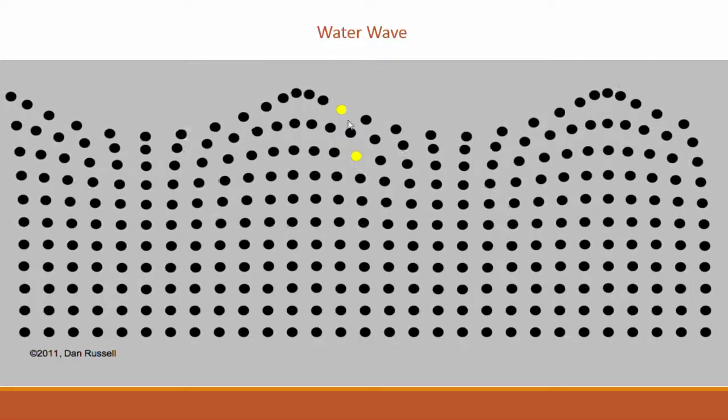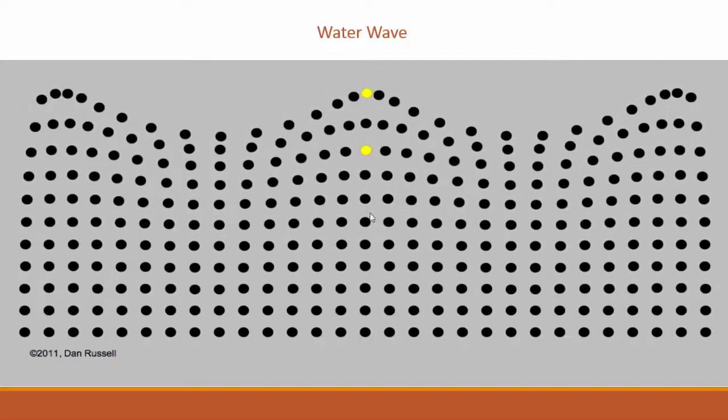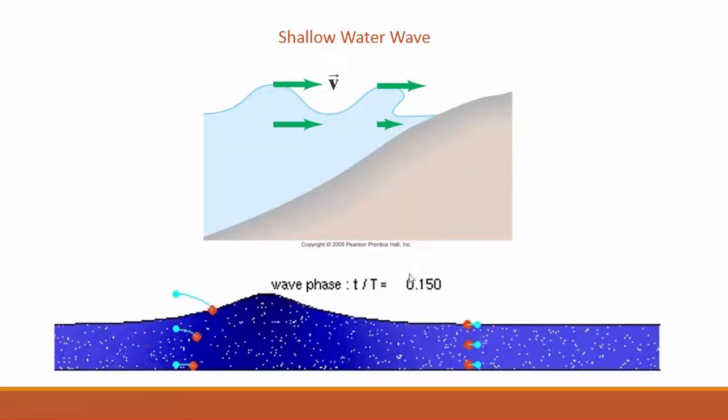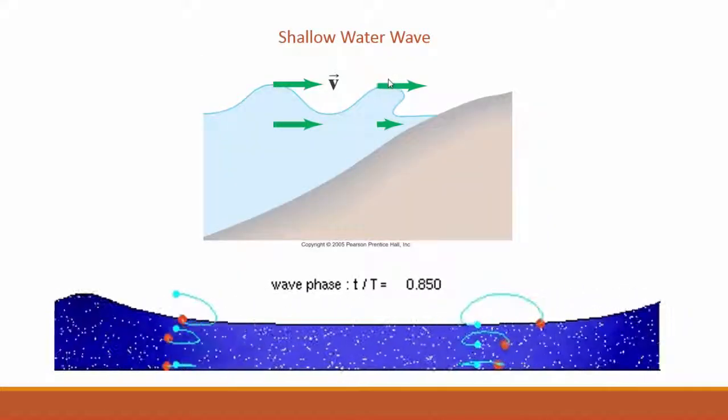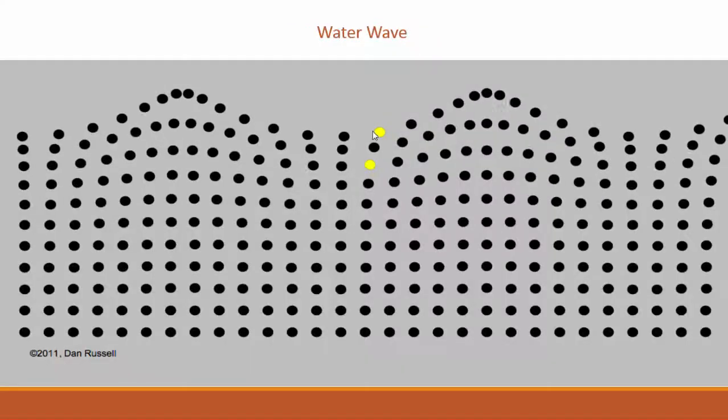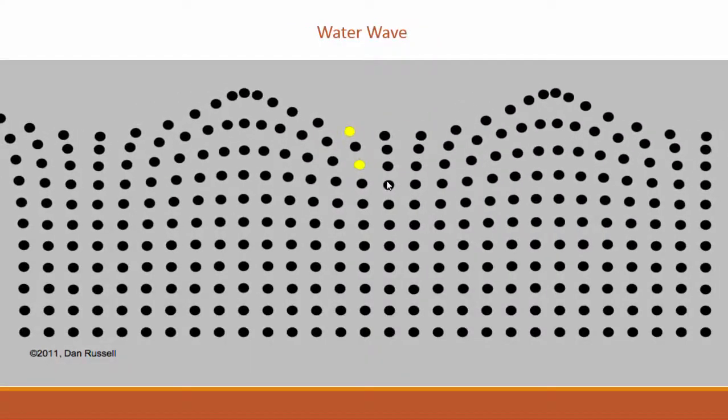But the particles do travel in circles, and the further you go down, the smaller the radius of the circle that it travels in. Now, you might think about waves crashing on the beach, and those don't seem much like this picture here, this nice, gentle, circular motion.